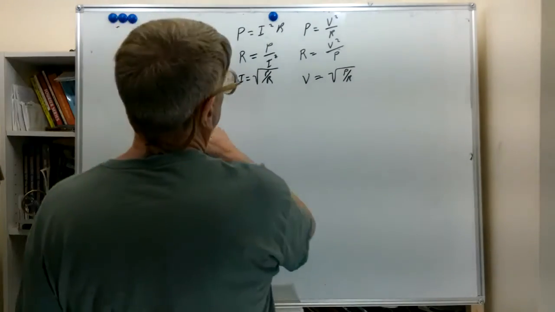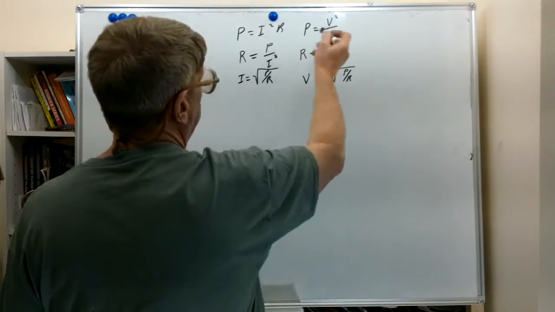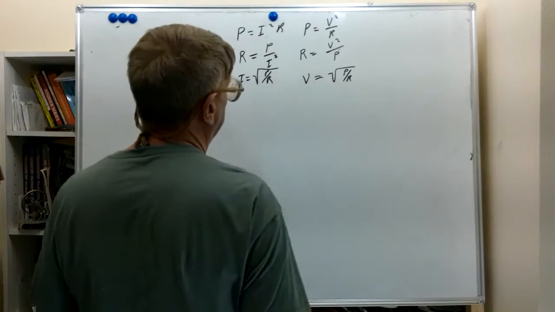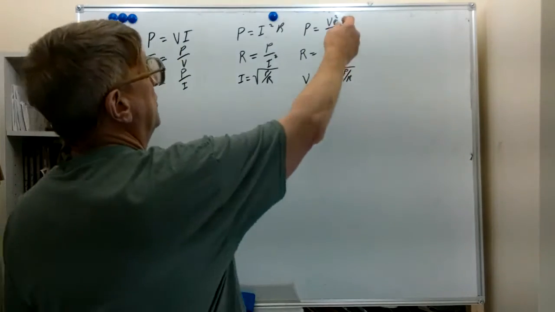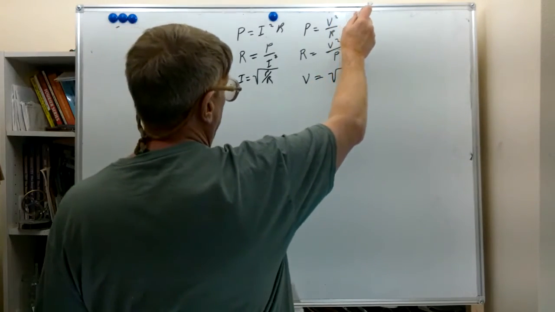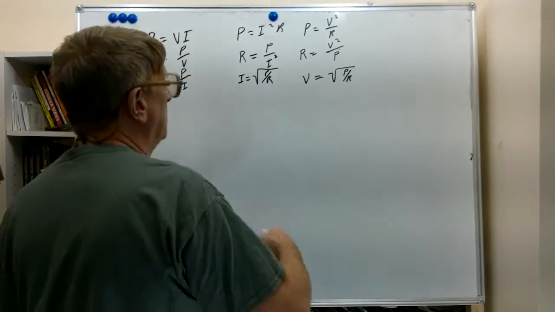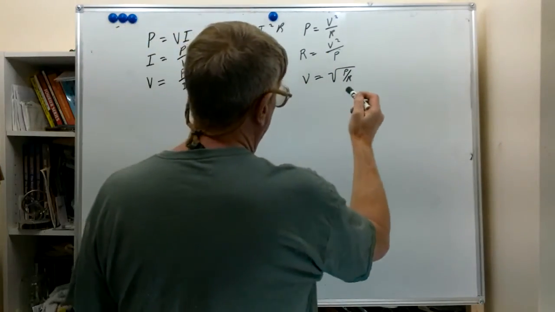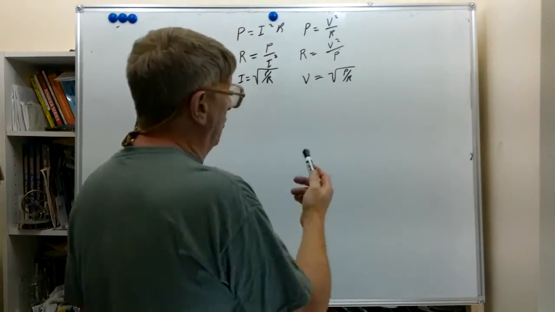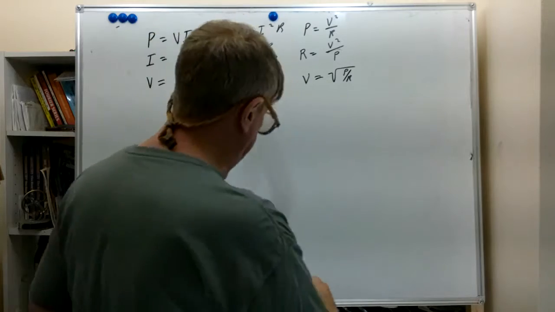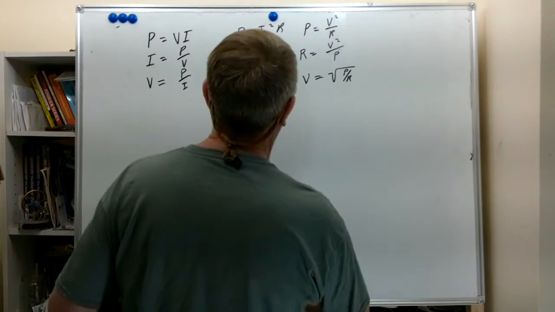We did a different substitution to get the current out of this thing, and these were Ohm's law substitutions to get to these second two columns. And then we solved this power formula for resistance. We got resistance equal voltage squared divided by power. We solved for voltage. We got voltage equal to square root of, well, we got the wrong thing here. This is P times R.